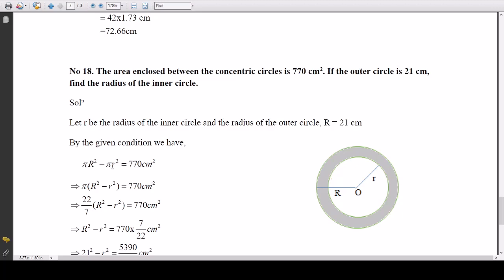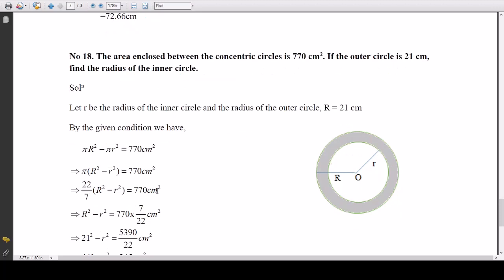Taking pi common, pi times R square minus r square equals 770, but pi is 22 by 7, and the area is 770 cm square. Taking this 22 by 7 to the right side, you just do the cross multiplication. R square minus r square is 770 multiplied by 7 divided by 22.